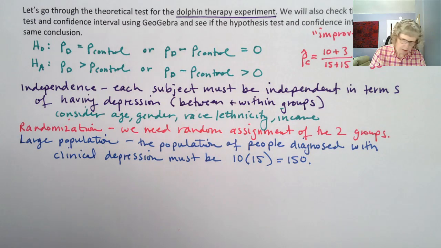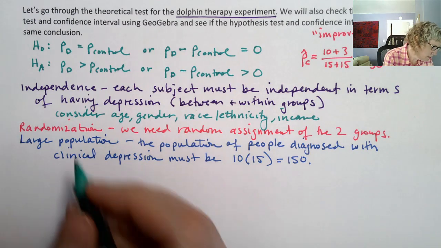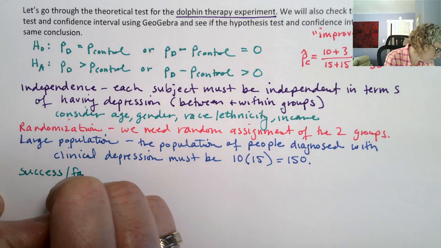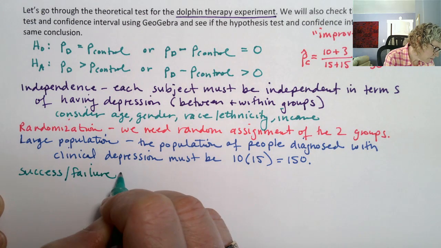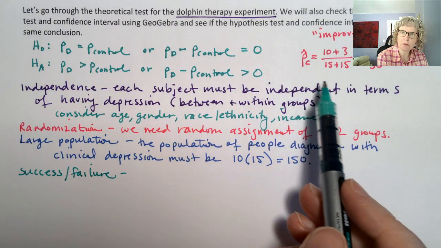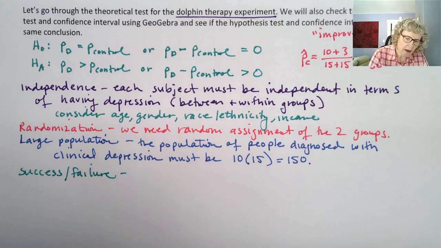The last one is success failure. And we need to do that one with the p hat c, right? Because we're assuming the null is true. We're going to use that.